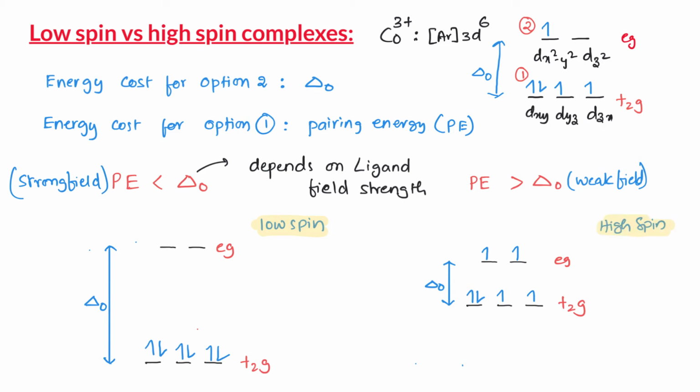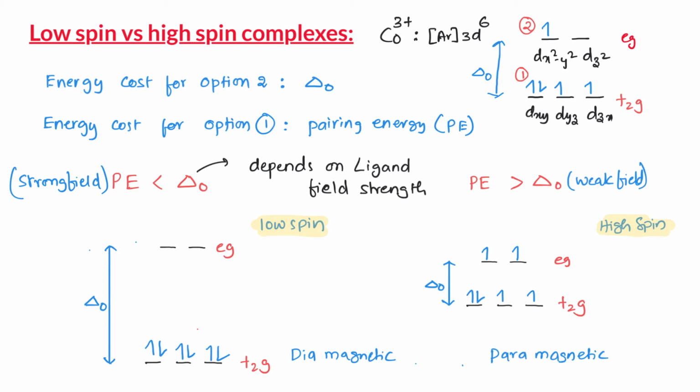Low spin complexes are formed by strong field ligands, and high spin complexes are formed by weak field ligands. In this particular example, the low spin complex has 0 unpaired electrons. Therefore, it is diamagnetic in nature, and the high spin complex is paramagnetic.